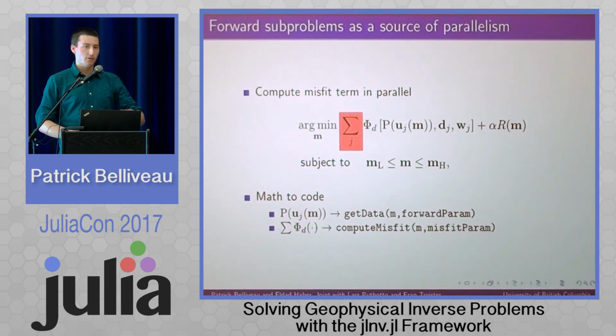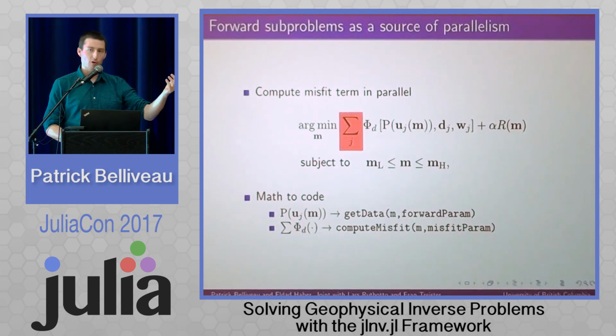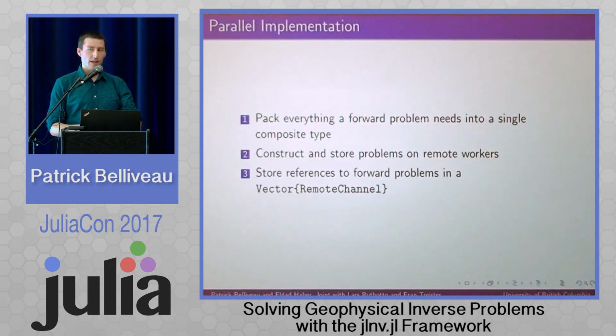Then to our optimization routines, we feed a vector of these remote references to our forward problems that we store in Julia in these remote channel objects. We can then use these forward problems on the remote workers as we need them, take them out of the channel, modify them, put them back in, and save that data on the remote workers for later.